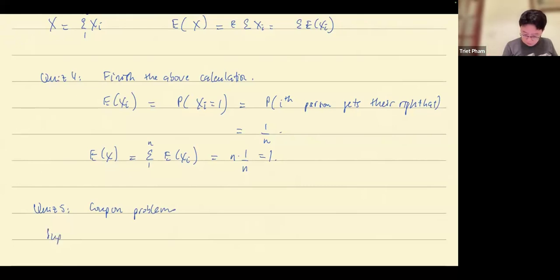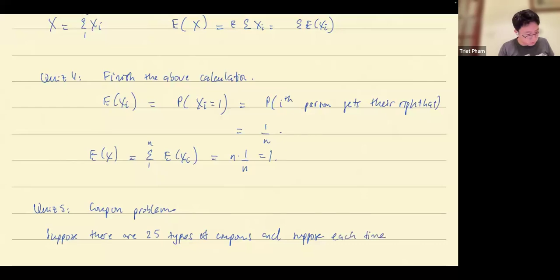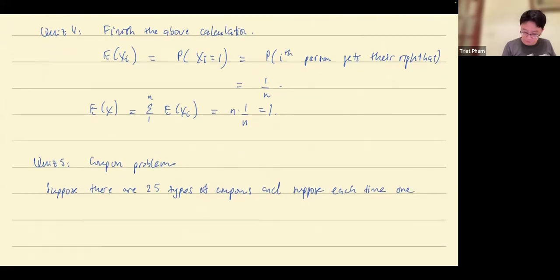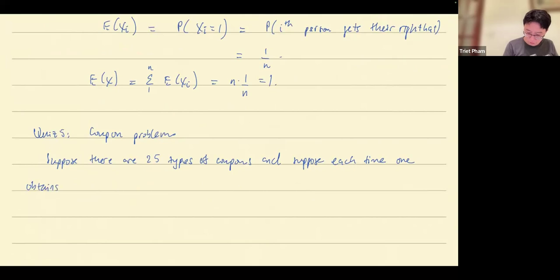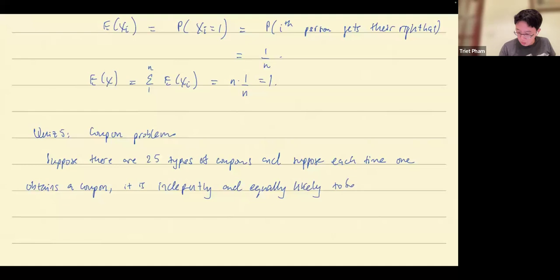It says that suppose there are 25 types of coupon, and suppose each time one obtains a coupon, it is independently and equally likely to be any of the 25 types.